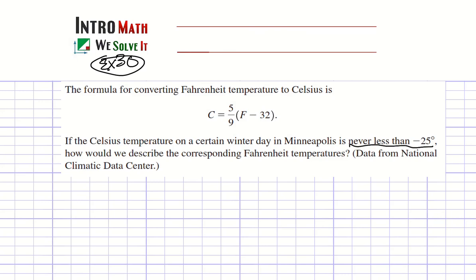You have to be careful with the words. Never less than means always greater than. That's all that means. 25 degrees, okay? How will we describe the corresponding Fahrenheit temperature?